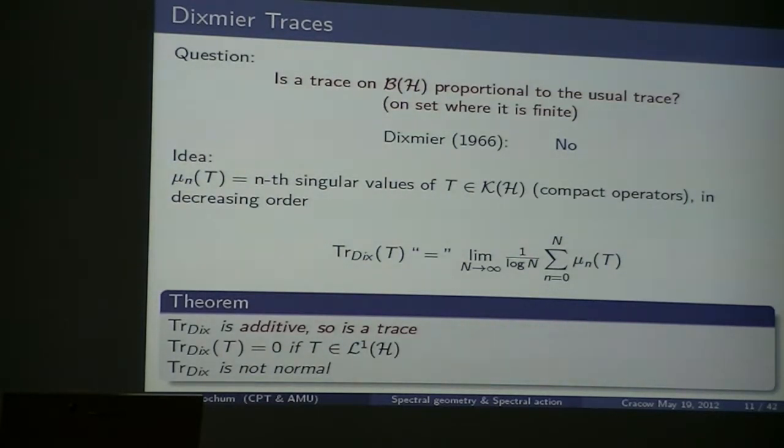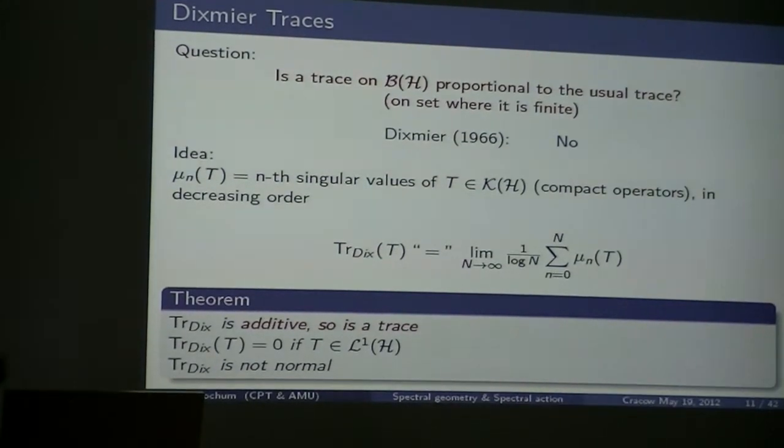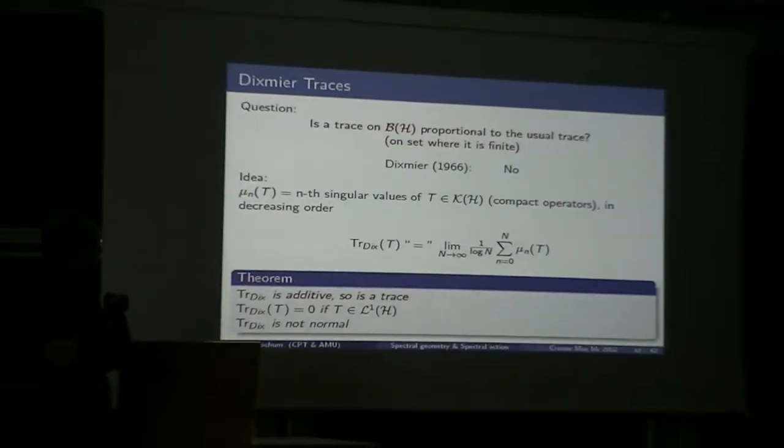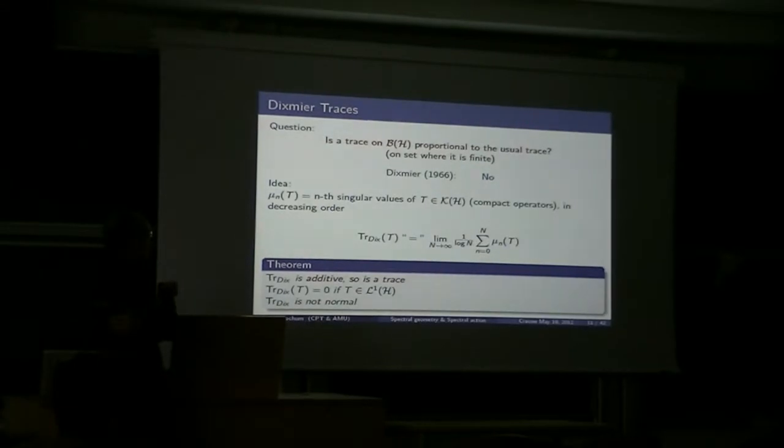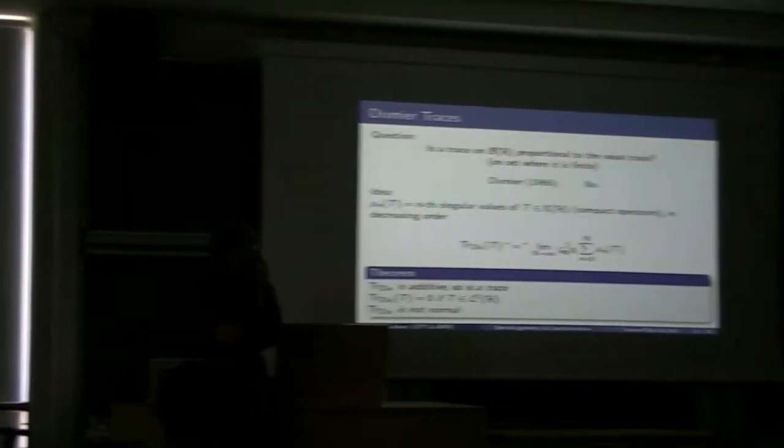And now you sum the first n singular values and you renormalize by the log of the number of terms, and take the limit when n goes to infinity. Okay? Why not? And you could see this as a Dixmier trace. Actually, this is not really a definition, but it is sufficient to understand what is going on.